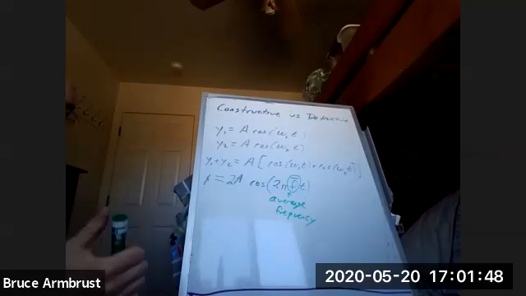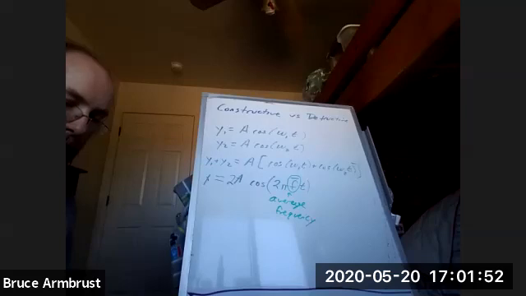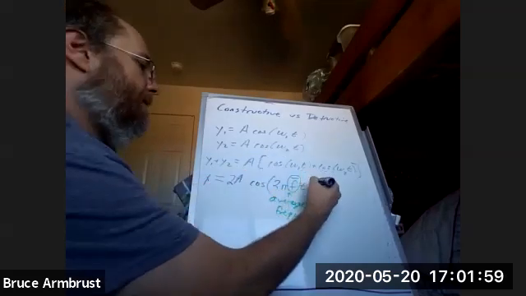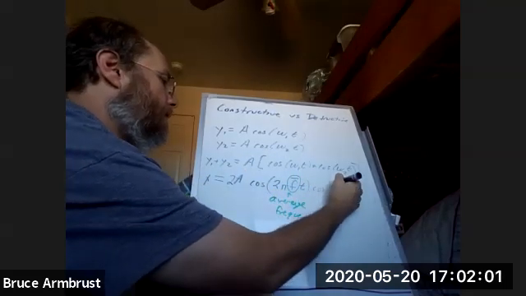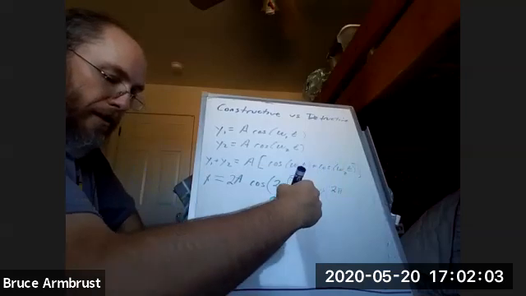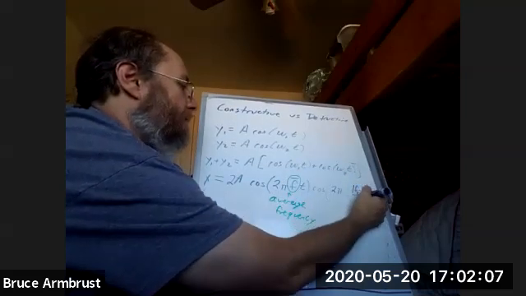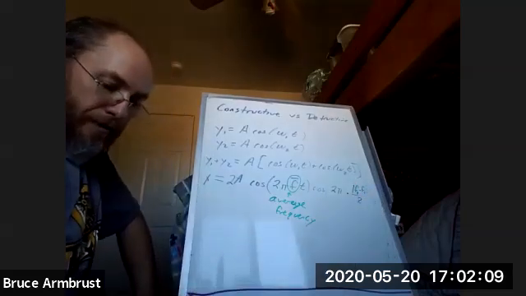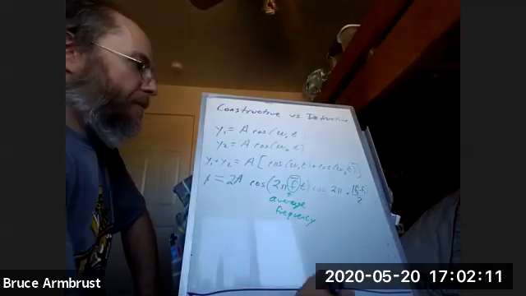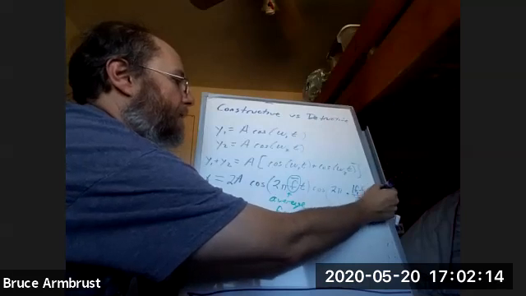If you've got the two frequencies, you just average them. And then the other cosine has in it, again, 2 pi times the difference in their frequencies divided by 2 times t.